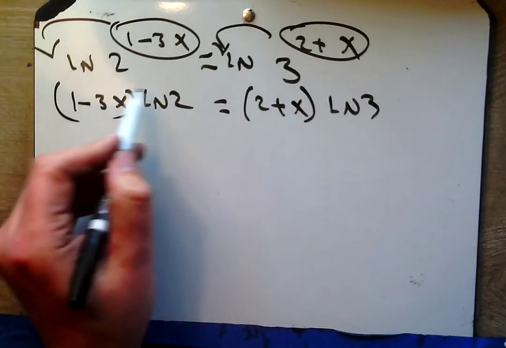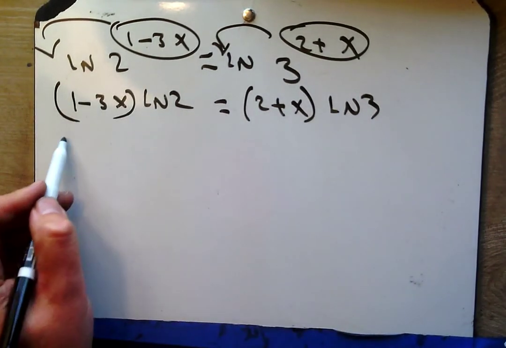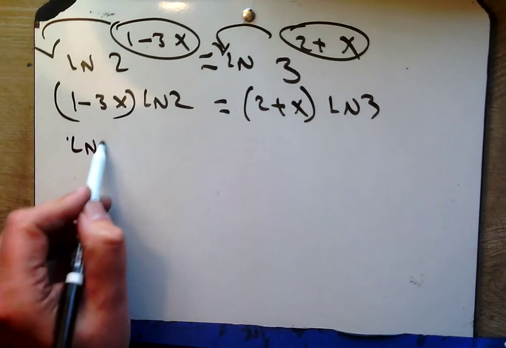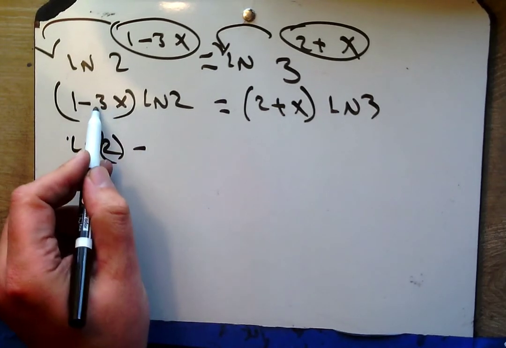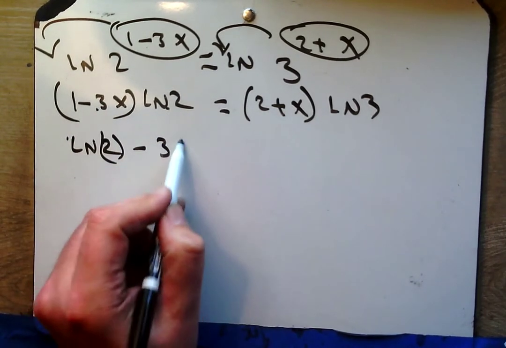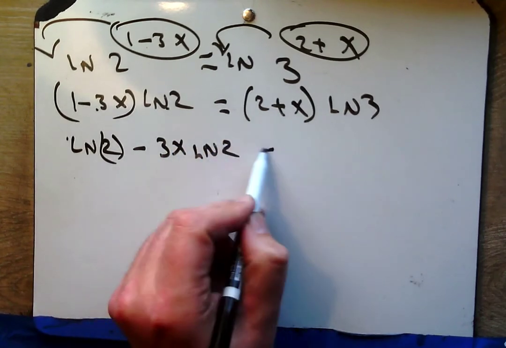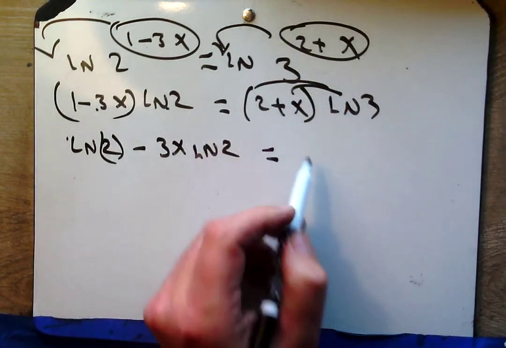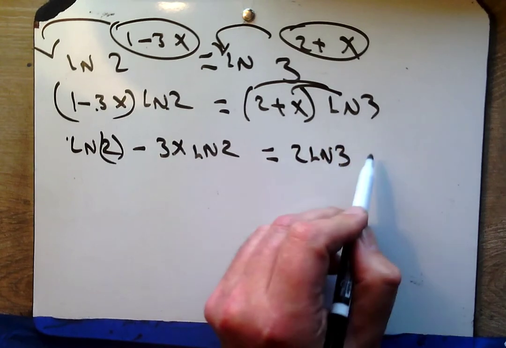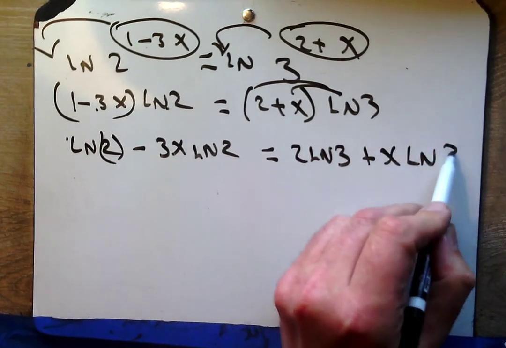Next comes the distributing. And so I'm going to have 1 times this minus this times this, ln 2 minus 3x ln of 2. Over here, I distribute some more, 2 ln 3 plus x ln 3.